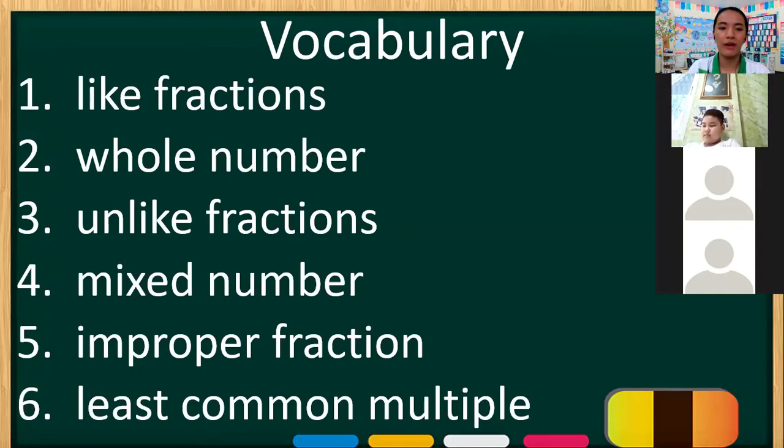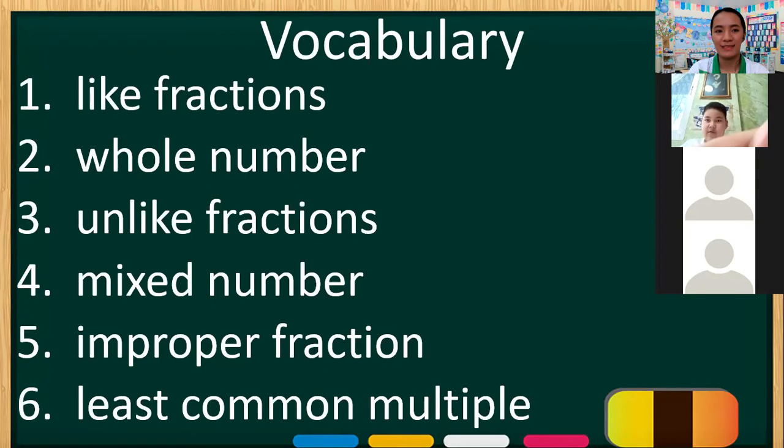Very good. Number 5, improper fraction. Very good. Number 6, least common multiple. Very good. Thank you, Jump. Next student will be Gao.